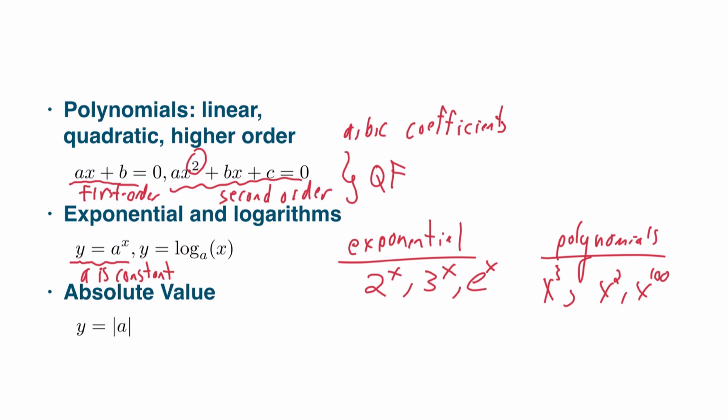We will also discuss logarithms, which are somehow inverse to exponentials. So what does it mean to say that y is equal to the logarithm base a of x? This is just a compact way of saying that if I take a number a and raise it to the yth power, I get x.